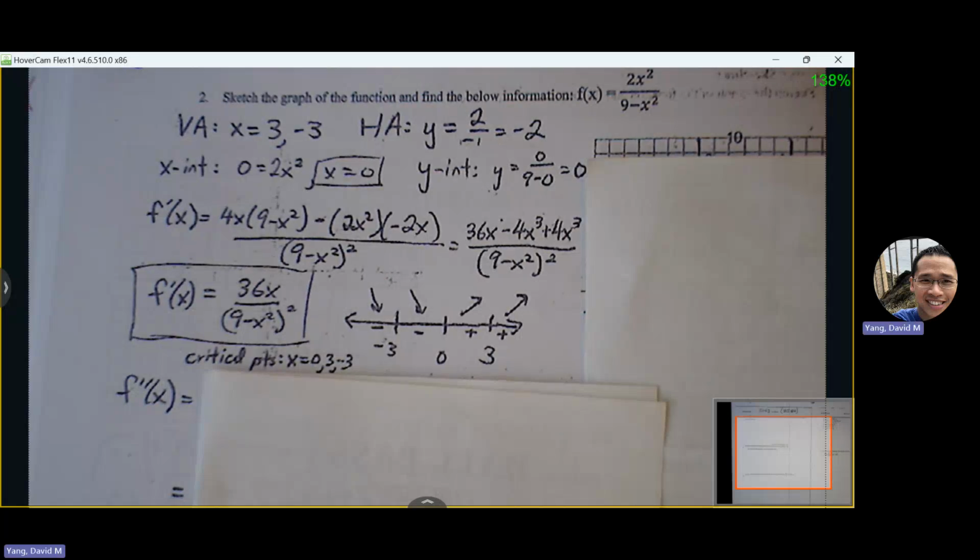As we build our f prime, just continue to keep in mind that once you go through the quotient rule, your denominator is, like, 90% of the time, not going to change. So we don't want to do any cleanup with the denominator. The denominator is pretty much set. It's really just the numerator we have to worry about. So don't try to do too much with the denominator. You may be tempted to FOIL or expand, but having those parentheses there is a good spot for our next step.